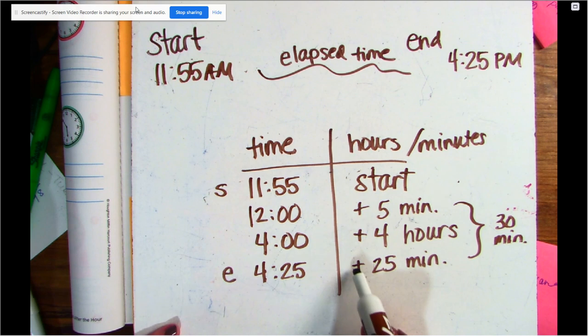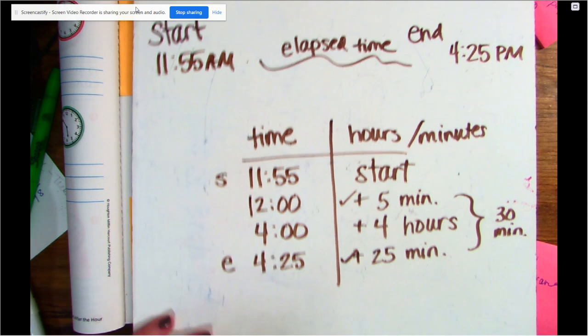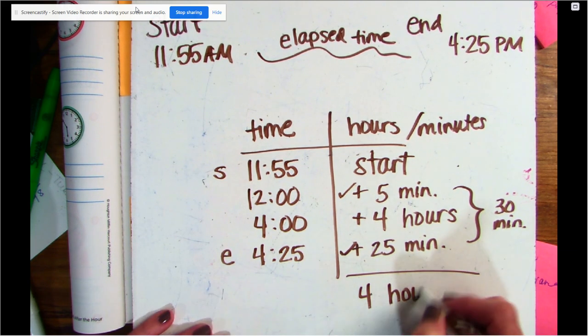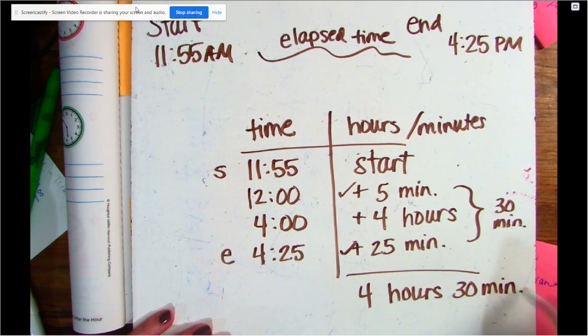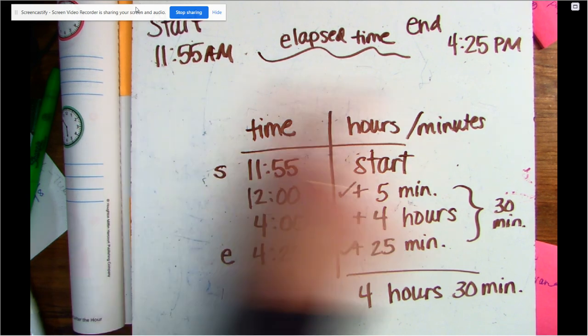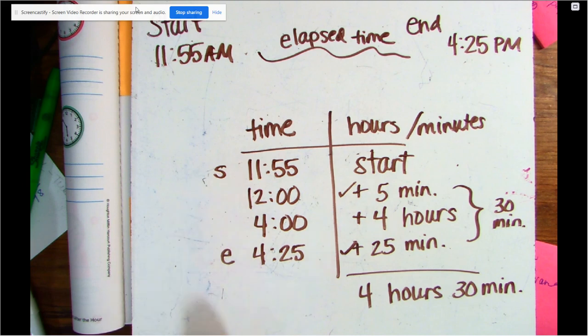So 25 and 5 becomes 30. Just need to add that to my 4 hours. So altogether, my elapsed time is 4 hours and 30 minutes. So remember, start time, end time, we're finding the amount of time in between, which is the elapsed time.